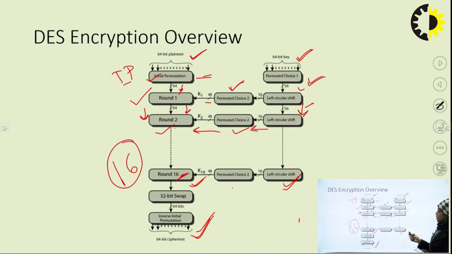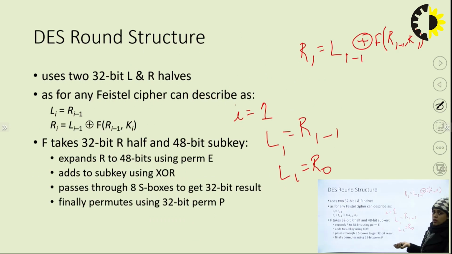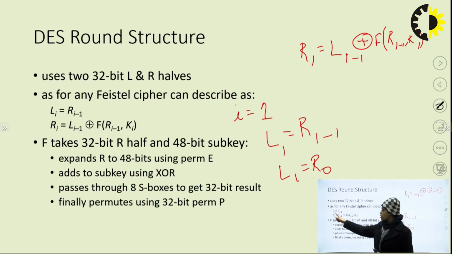Those left and right halves are discussed here. This left half is equivalent to the previous right half bits. This right half is equivalent to the previous left half XORed with the Feistel function of the right half processed with the key.